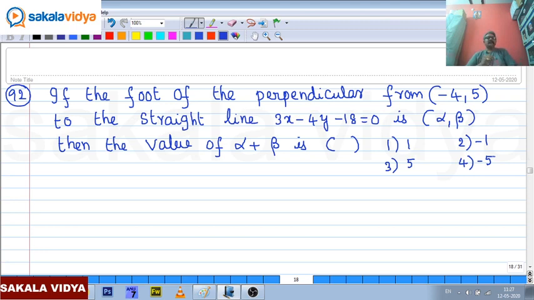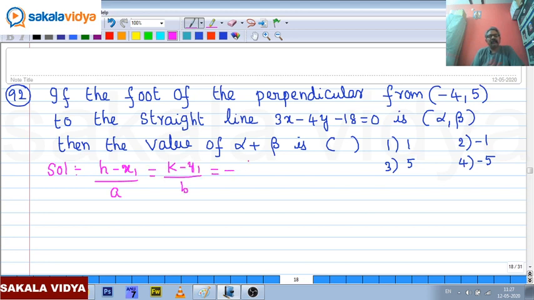Okay, first we need to find out the foot of the perpendicular from minus 4, 5 to the given straight line 3x minus 4y minus 18 is equal to 0. Say the x coordinate is alpha, the y coordinate is beta, and the sum of the x coordinate and y coordinate needs to be evaluated. So let us find out now. Your first formula, (h minus x1) by a, (k minus y1) by b.